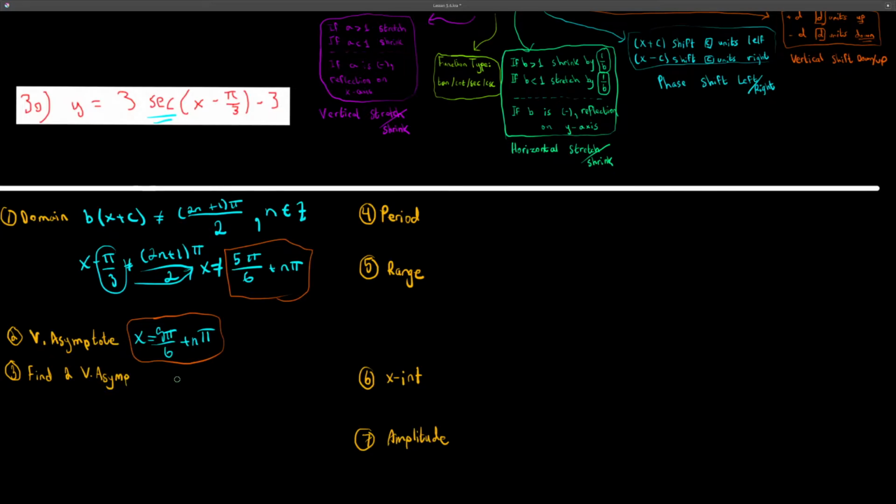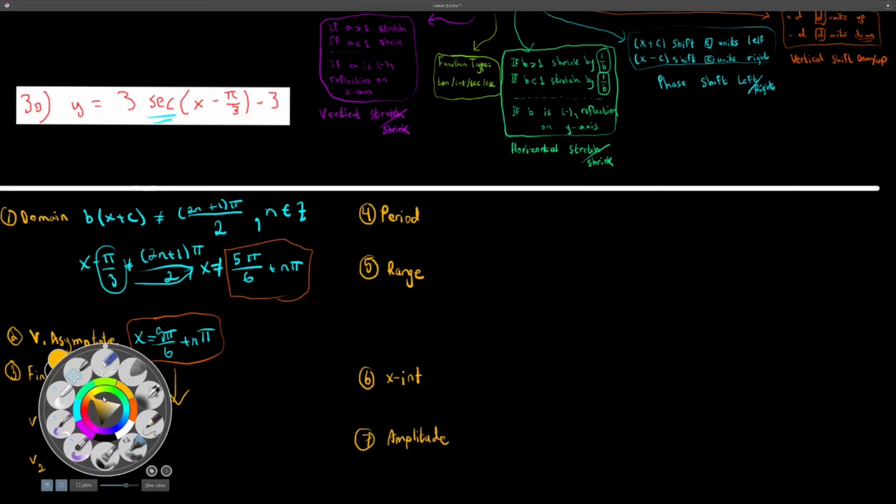And now here it asks us to find two values of vertical asymptotes. It wants us to find two different vertical asymptotes. So how we do this is we take this formula, and n stands for any integer. So we could use any numbers we want, and we can find vertical asymptote 1 and vertical asymptote 2 using this formula.